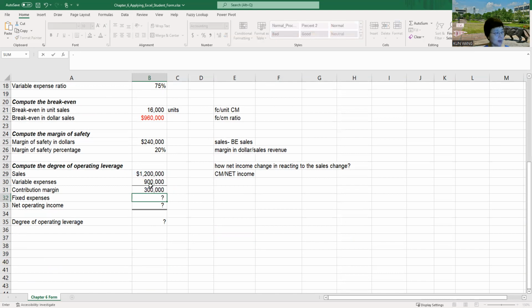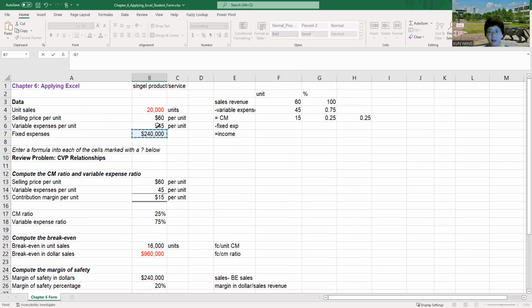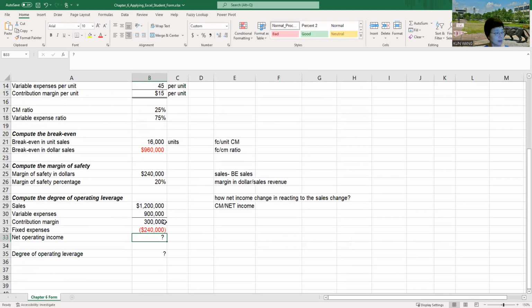Then minus the total fixed expense. The sum is already put here, so 240 is already a deduction. So when you calculate the net operating income, be careful. Because they already put it in with a minus sign, I should add it, like B32. That gives $60,000 net income.